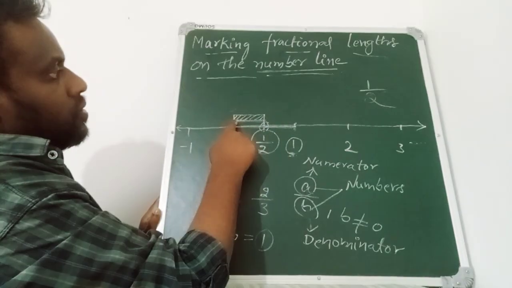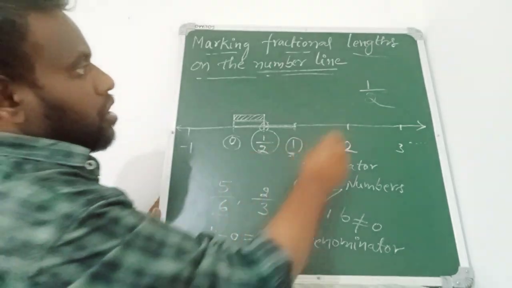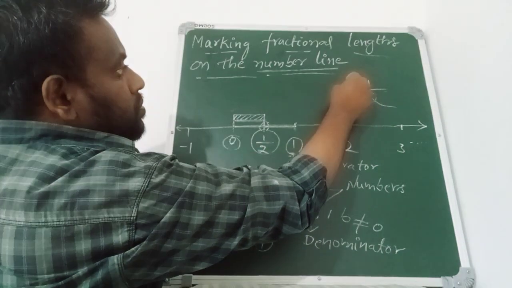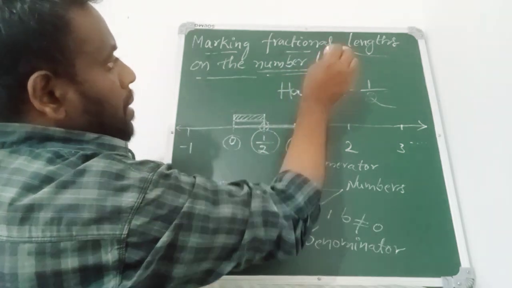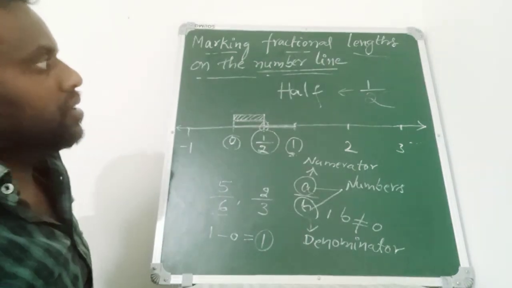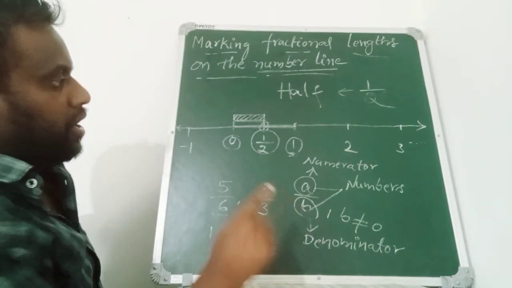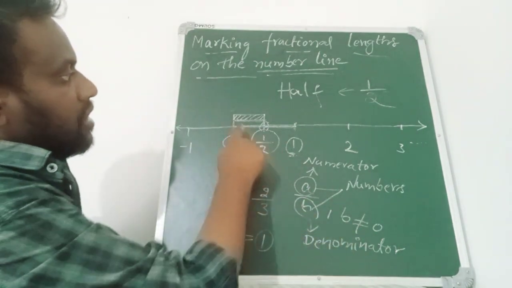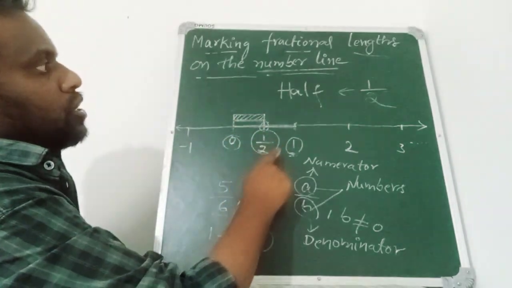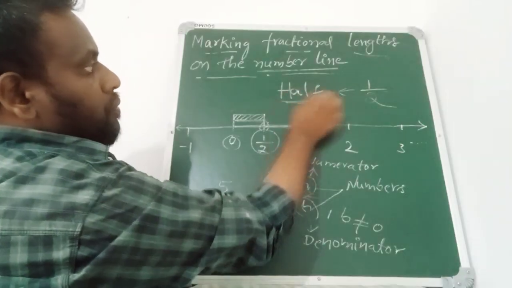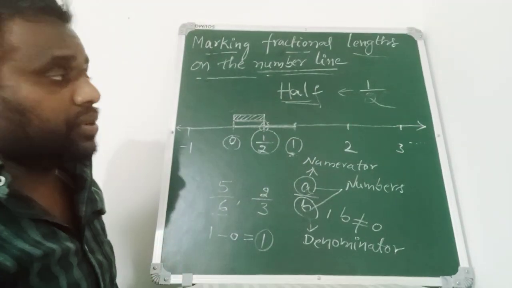So this length is 1 by 2. 1 by 2 is also called half. I hope you understood how I found out the length of this box. So the length of this box is 1 by 2. If I say half, that time you have to write 1 by 2.